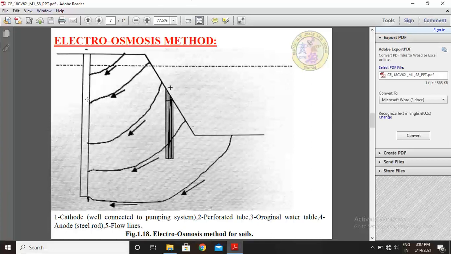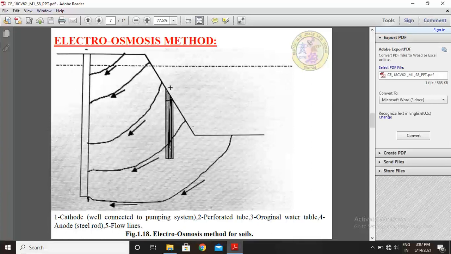Here this is the sloped embankment of the excavated area, and this is the well points. This is the cathodes, well connected to pumping systems, and this is the anodes, two perforated tubes.